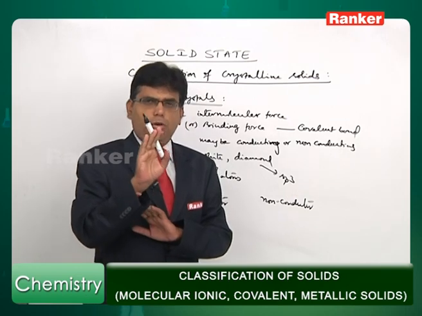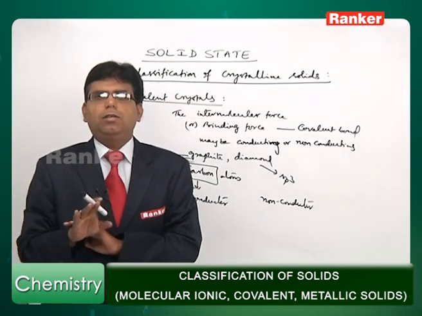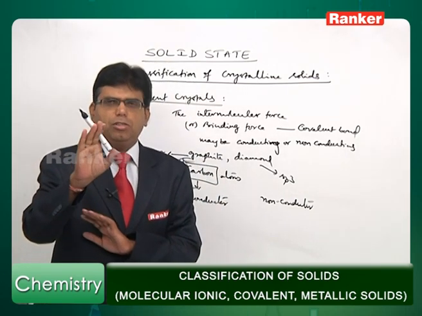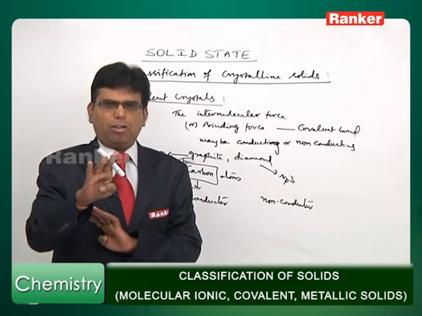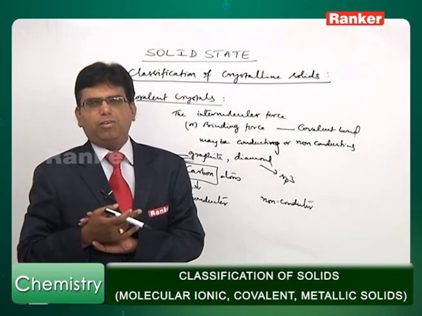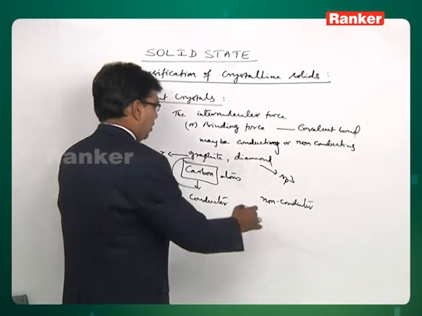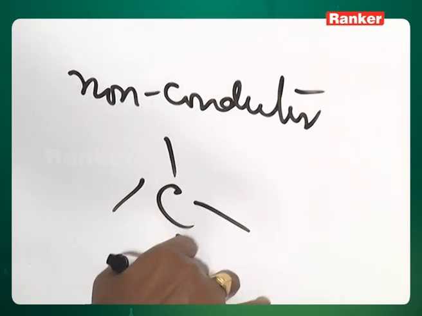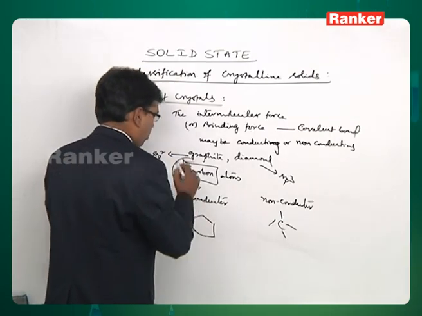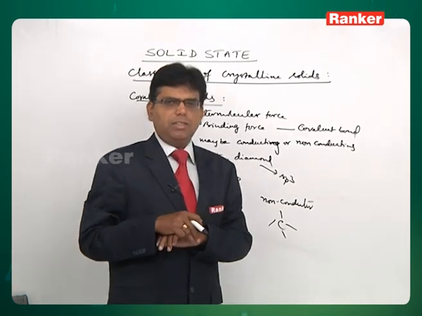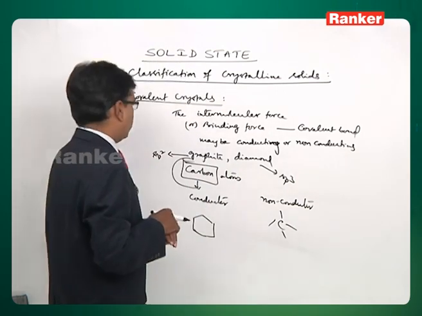But in both graphite and diamond the binding force is a covalent bond. The 4 orbitals, 4 electrons in the valency shell are involved in the bonding. Here the carbon atom has 4 other carbon atoms attached like this, and it is a hexagonal structure in the case of graphite. This is what a covalent crystal means.